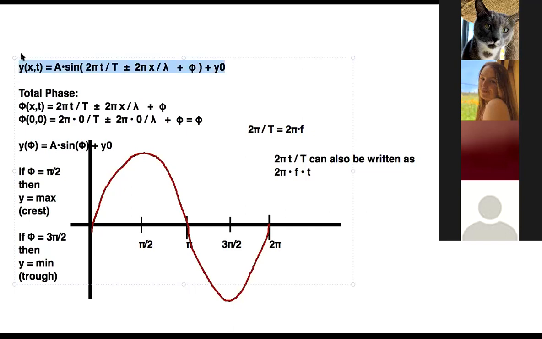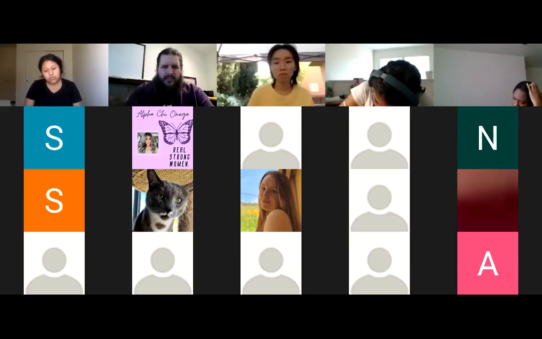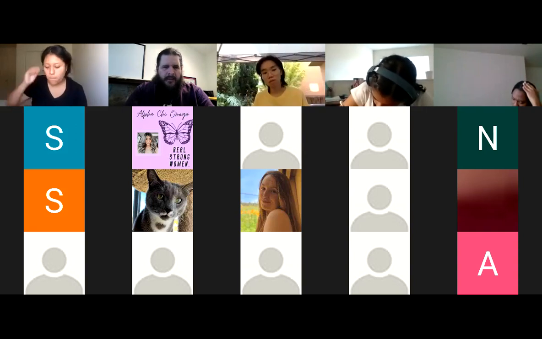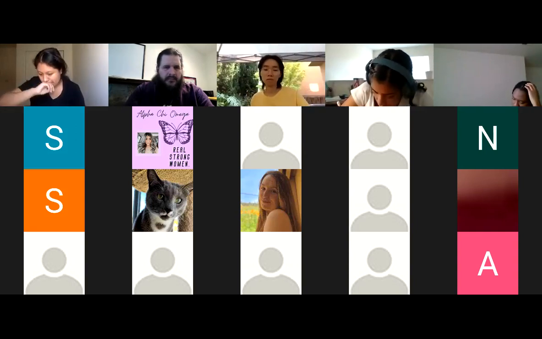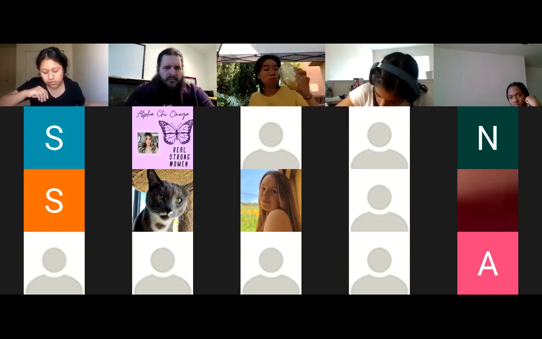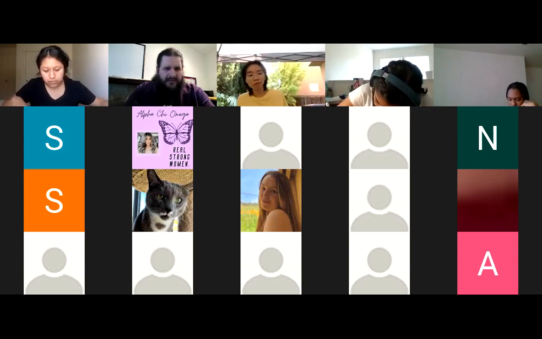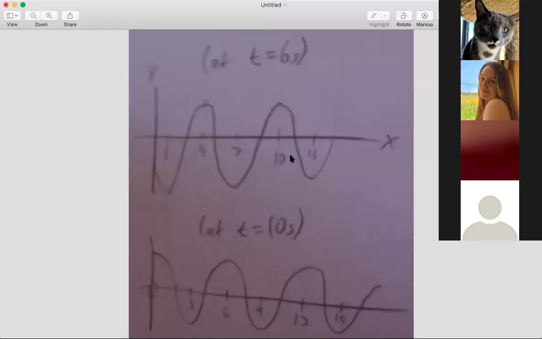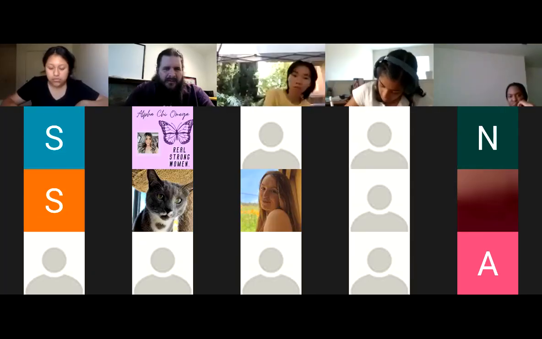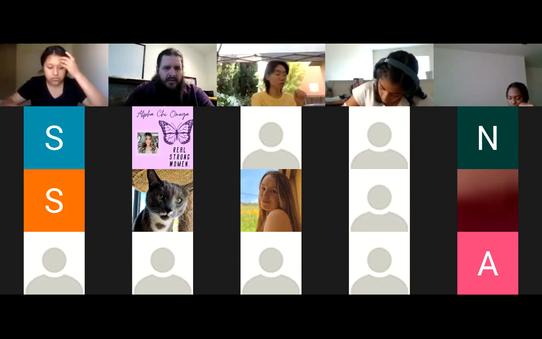I'm going to copy this equation and let me see if I can pull up some graphs. I just took a picture of this one from handwritten, so it's going to be a little blurry, but I think it's clear enough. Let me grab a different one.